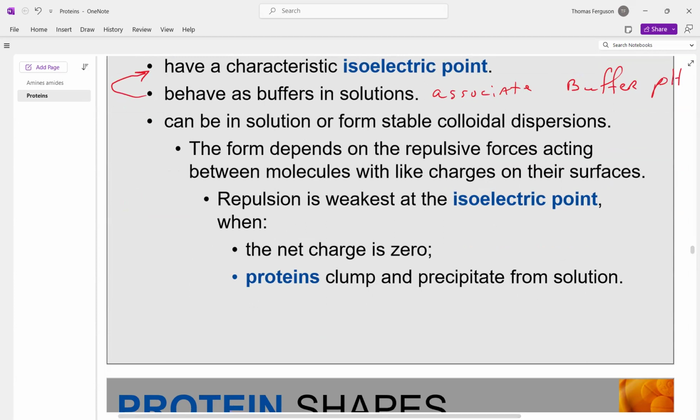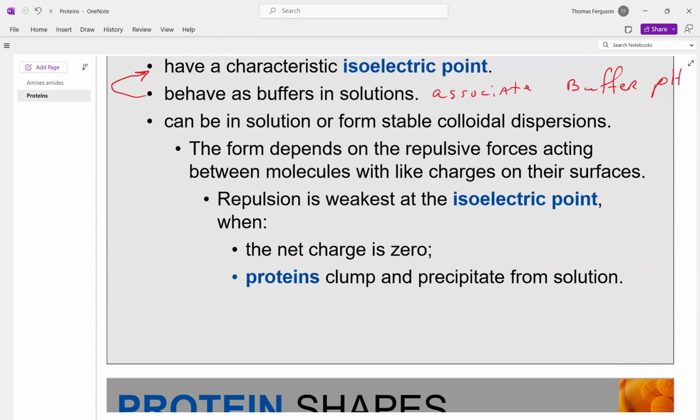Okay. When you have a solution with a protein in it, all solutions have a pH associated with it. So then you need to look at 2 things, what the pH of the solution is and the isoelectric point of that protein in there. If they're the same, that means that protein has no net charge.